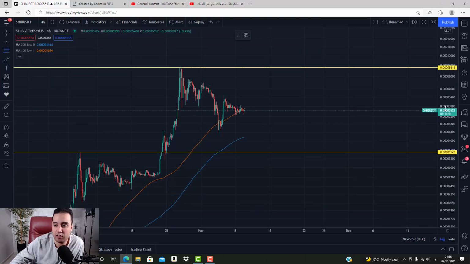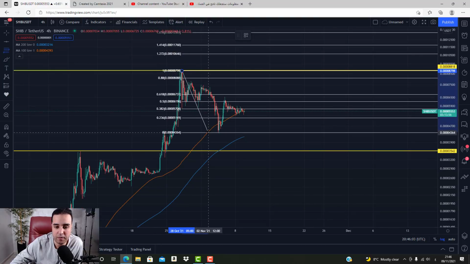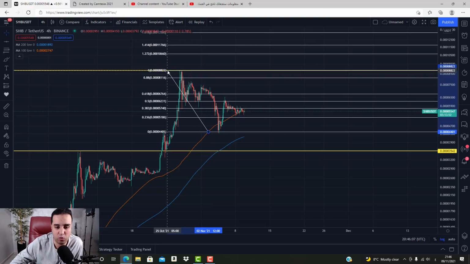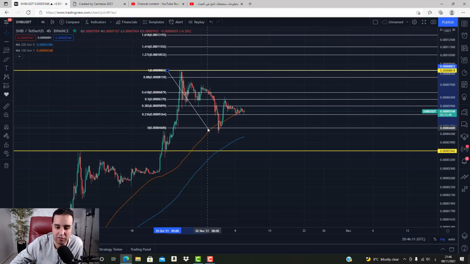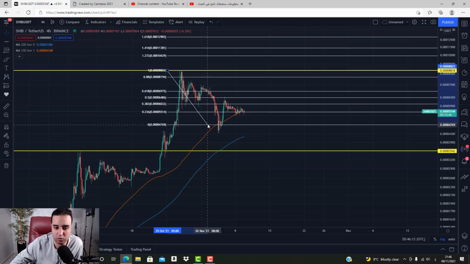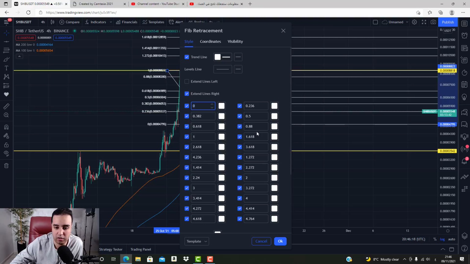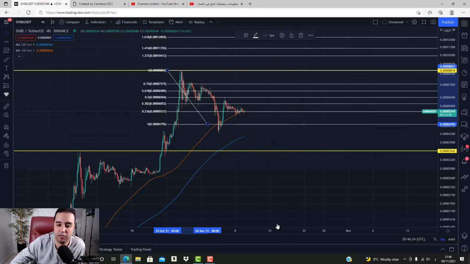So based on the Fibonacci levels, we can have another forecast. Just make sure to adjust the Fibonacci with the lines and with the resistances, so you can have your correct movement. Like that. I think instead of 0.88 we will replace it with 0.75.